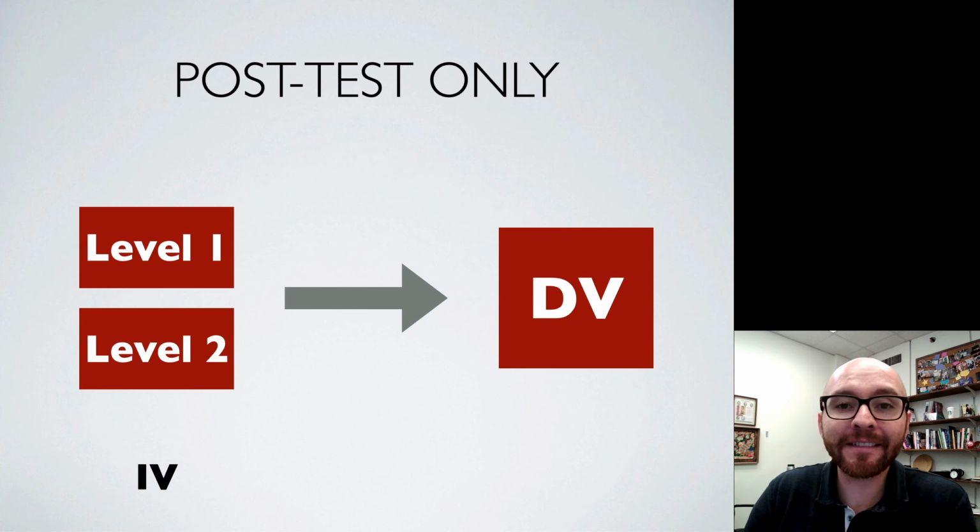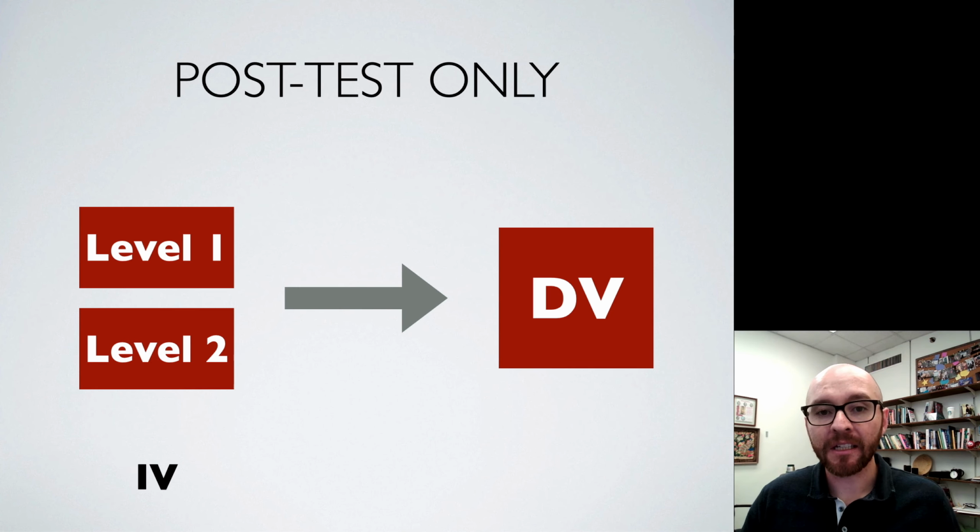The first type of independent groups design, and remember, independent groups means the participants only experience 1 condition, or in this kind of example, 1 level of your IV, right?